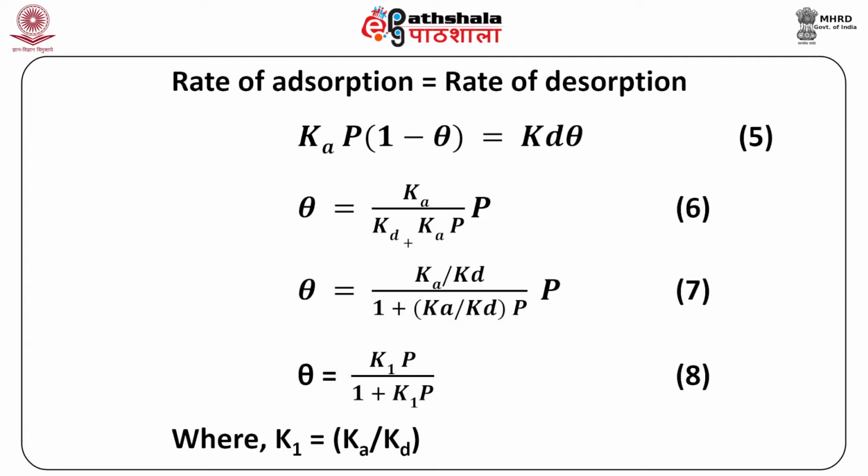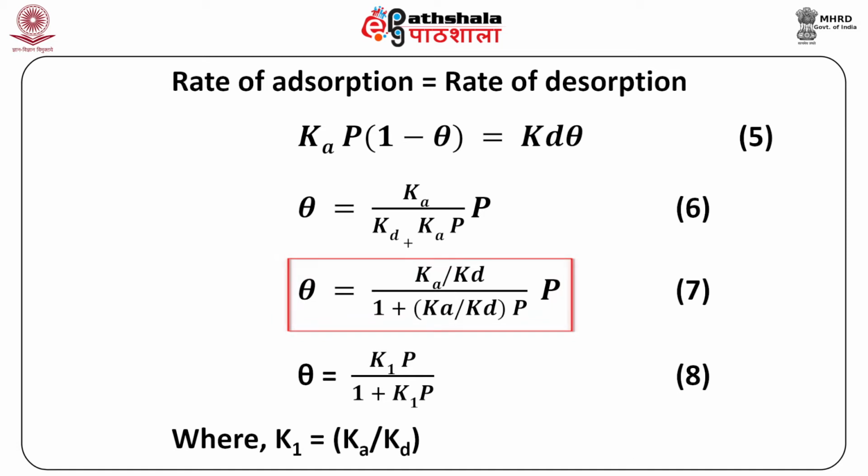At equilibrium, the rate of adsorption equals the rate of desorption. Therefore, we have our equation 5 as Ka into P into 1 minus theta is equal to Kd into theta. Solving for theta, we get theta equals KaP divided by Kd plus KaP as our equation 6.